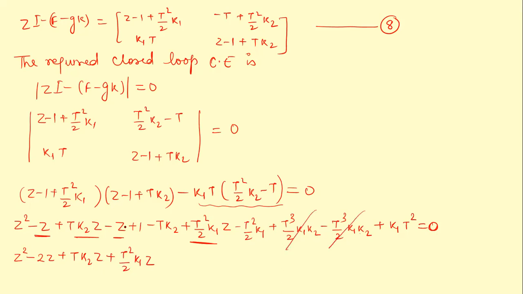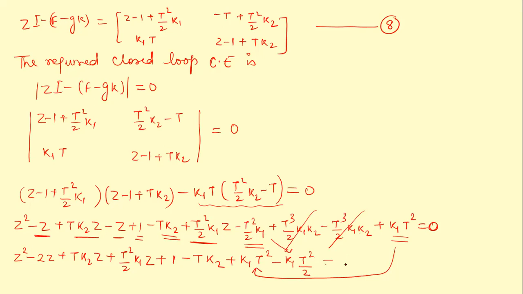Then we have the constant terms here, so we'll write plus 1 minus T K2 plus K1 T squared minus K1 T squared by 2. So this term is written here and this term is written here.